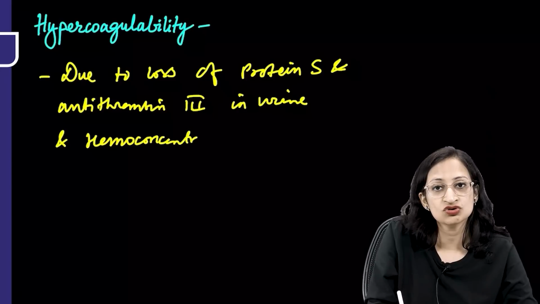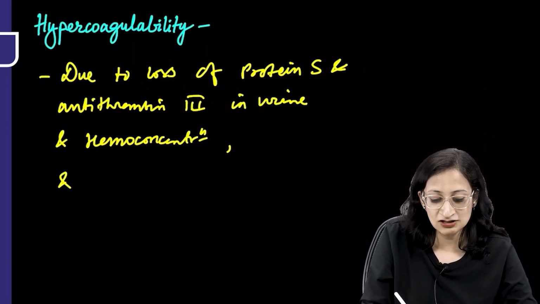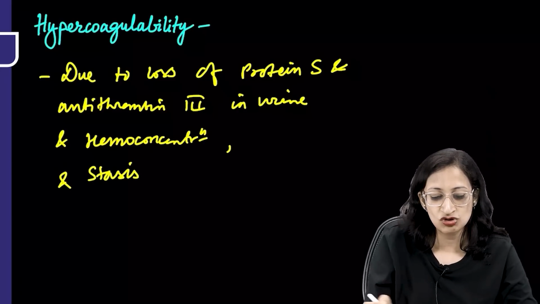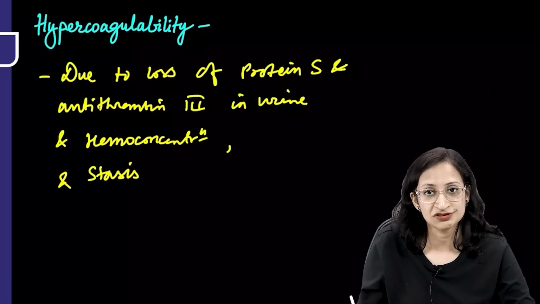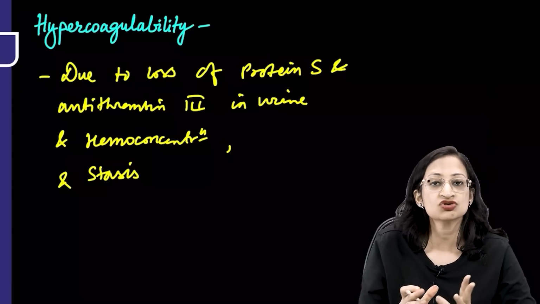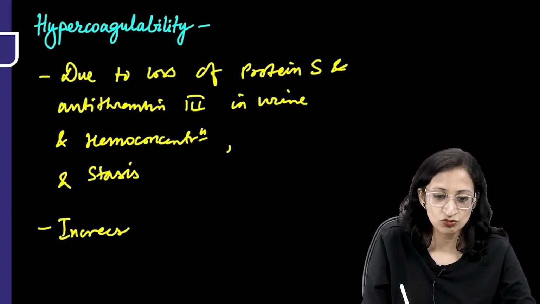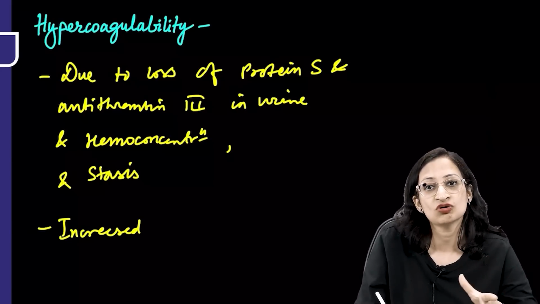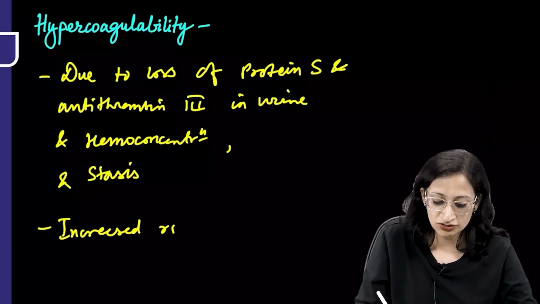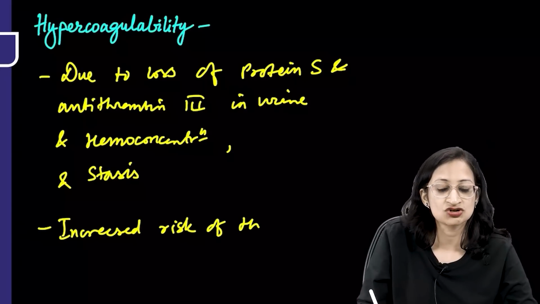Hemoconcentration because a lot of fluid goes to the extravascular volume, and there is stasis because of the hemoconcentration, sluggish blood flow is there. So this contributes to a hypercoagulable state, and there is increased risk of thrombi formation, deep vein thrombosis also, and thrombosis of multiple organs, strokes. So increased risk of thrombosis is there in these children.